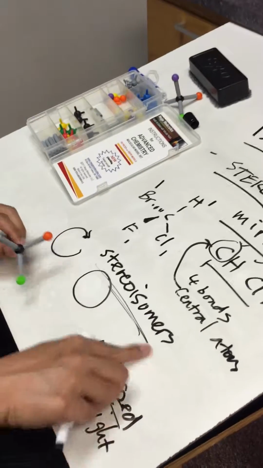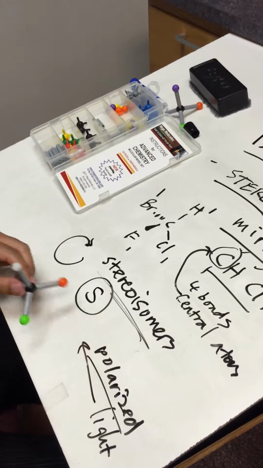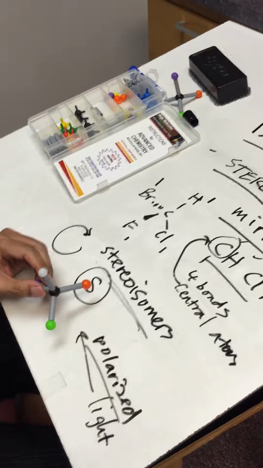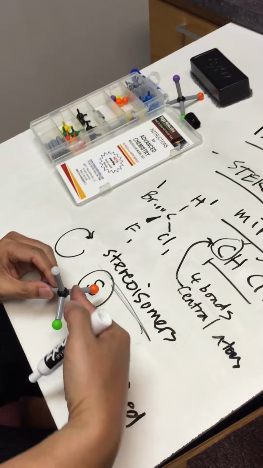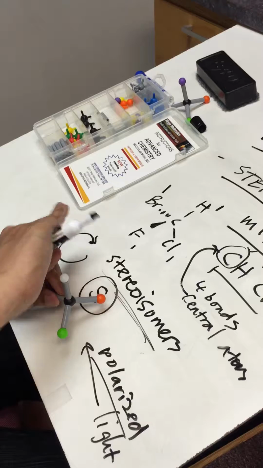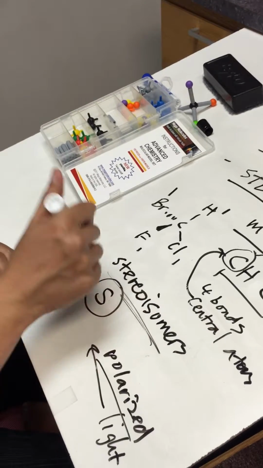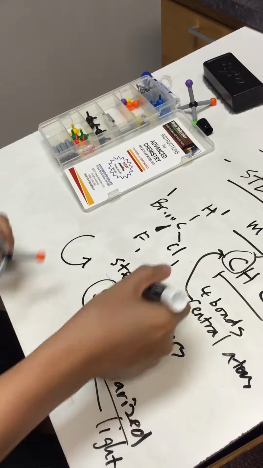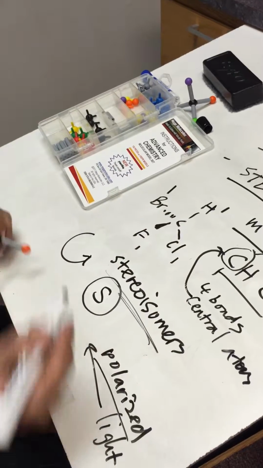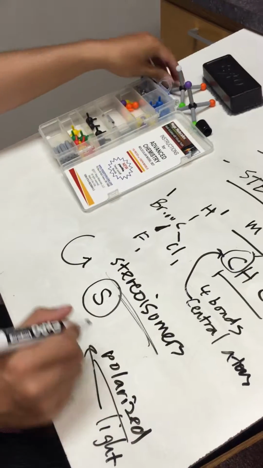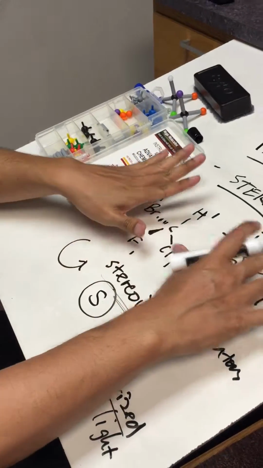Let's say you get a sample of the S isomer, and you shoot the same polarized light. The S isomer is going to turn the polarized light the other way. So instead of clockwise, it will be counterclockwise. So experimentally, this is how we tell apart the stereoisomers, by the use of polarized light.